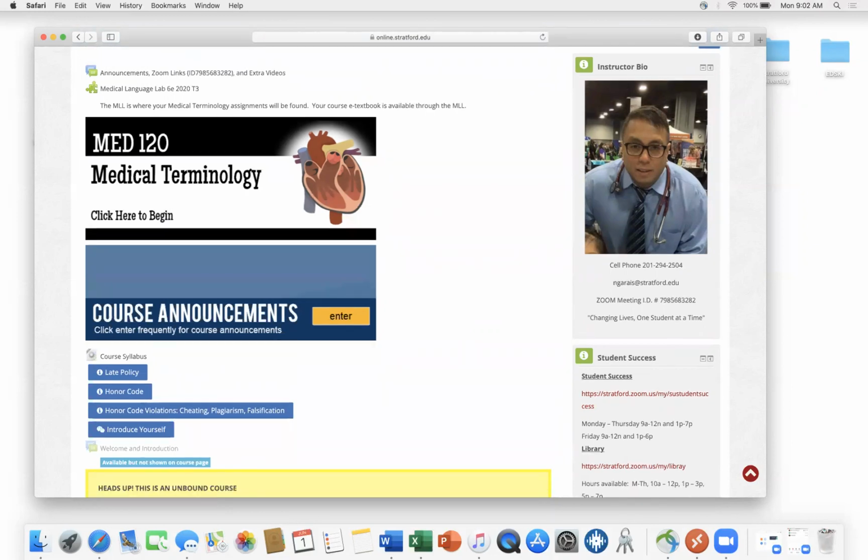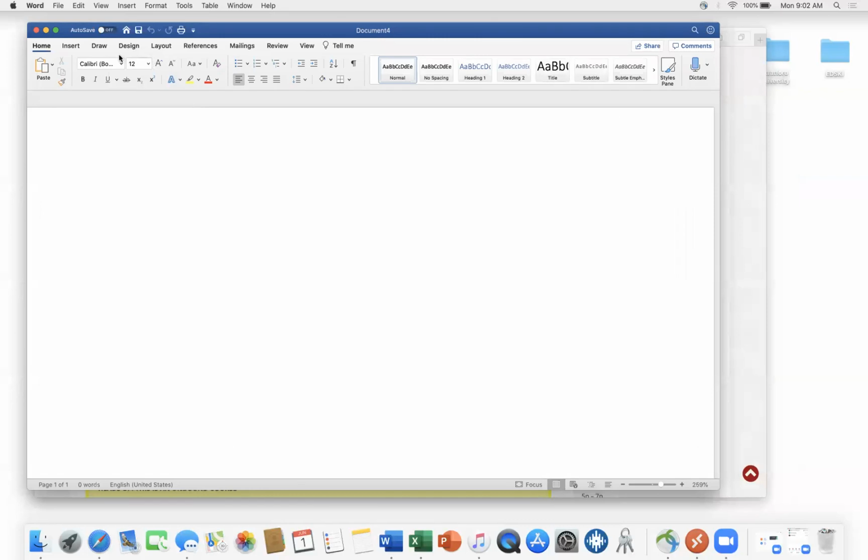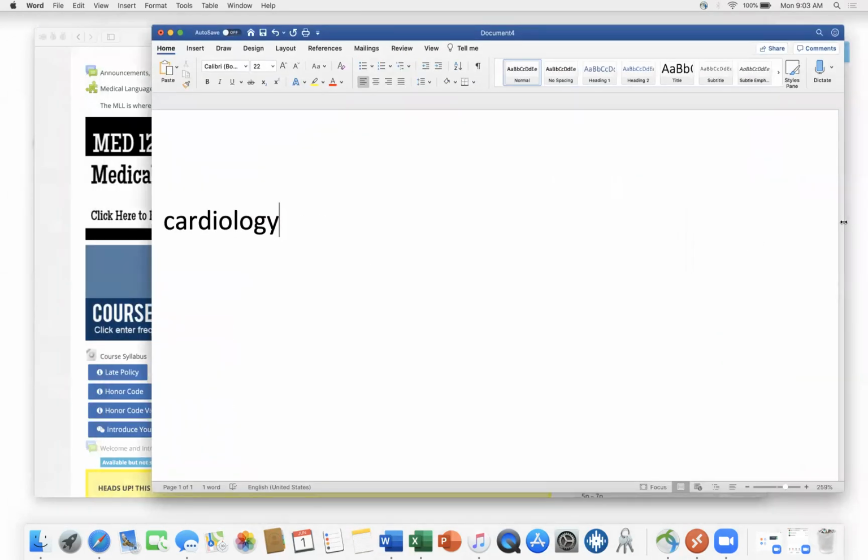As a quick review, what did we learn last week in Chapter 1? We essentially learned the programmed learning language of medical terminology. Let's take the word cardiology.